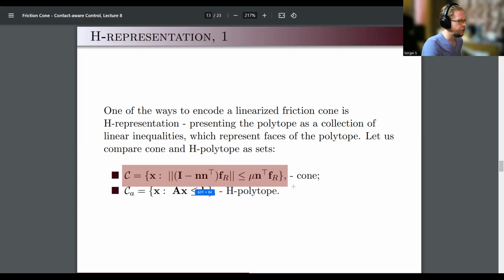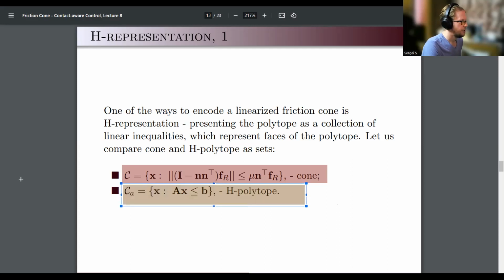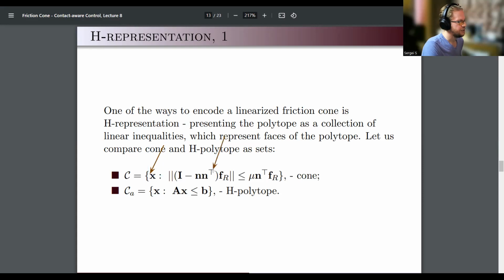So here is the original set, right? That is a conic set. Here is the H polytope set. Let us quickly remember how to read this. All X such that this SOCP constraint holds are inside the cone. Here is how we read it: all X such that A times X less than or equal to B. That is H polytope.